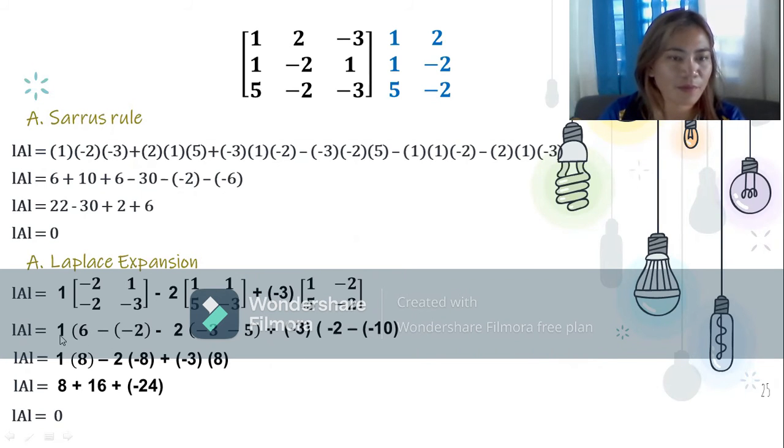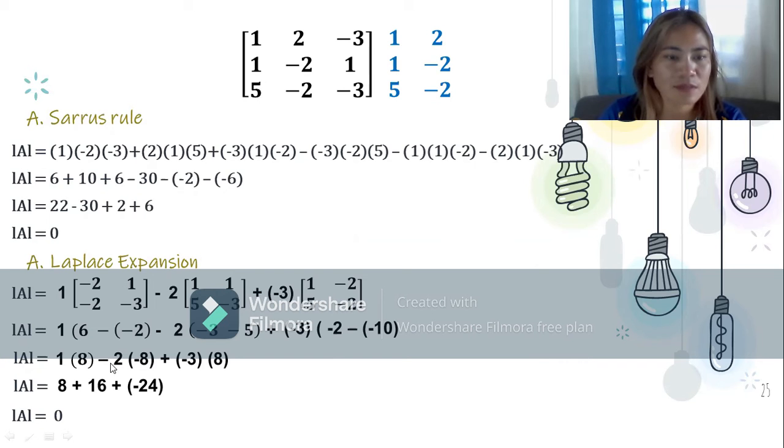So you have the difference of 6 minus negative 2 is 8. So 1 times 8, 8. Next, 2 times the difference of negative 3 and negative 5, so you have negative 8.